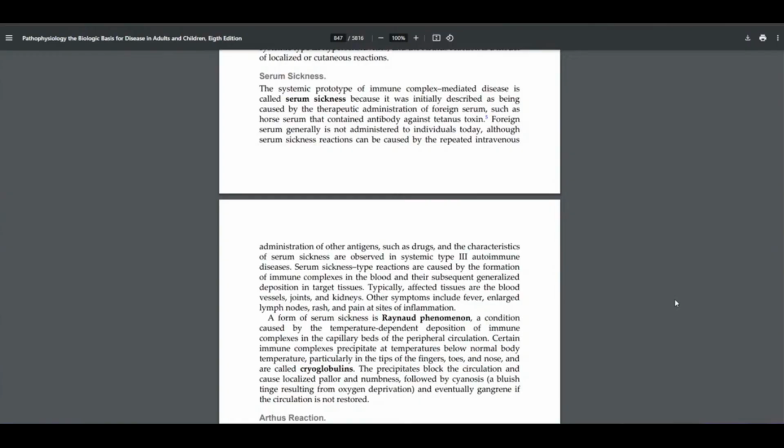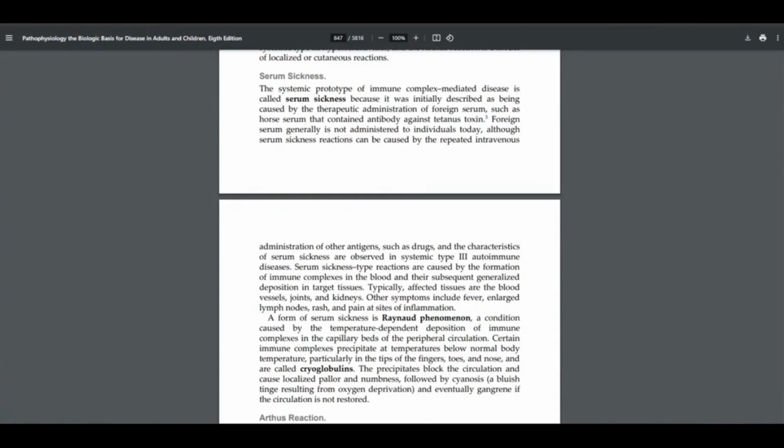Serum sickness, the systemic prototype of immune complex-mediated disease, is called serum sickness because it was initially described as being caused by the therapeutic administration of foreign serum, such as horse serum that contained antibodies against tetanus toxin. Foreign serum generally is not administered to individuals today, although serum sickness reactions can be caused by the repeated IV administration of other antigens, such as drugs. And the characteristics of serum sickness are observed in systemic type 3 autoimmune diseases.